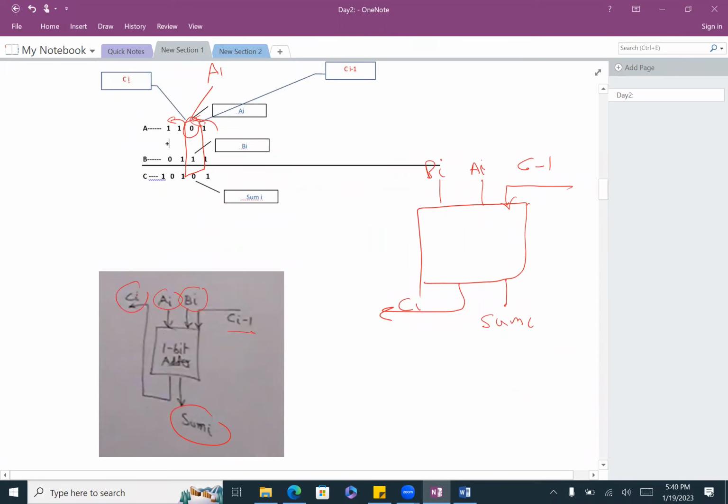If you want to do numbers here, again, if you have 0, 1, and the previous stage gives you 0, the sum will be 1 and the carry will be 0. If you have 1, 1, and the previous is 0, the output is going to be 0, well, I'm sorry, the sum 0 and the carry 1. So you are dealing with each stage as a separate problem.